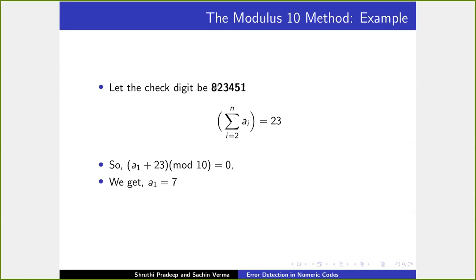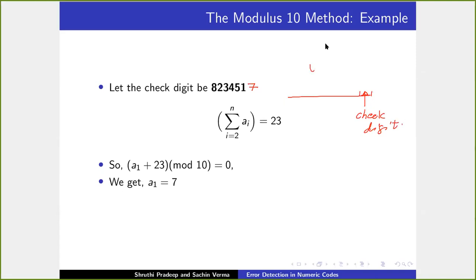So once I get this a1, I am going to append it. Please remember, in the case of the universal product code also, it was a 12 digit number, and out of those 12 digits, the 12th digit was the check digit.